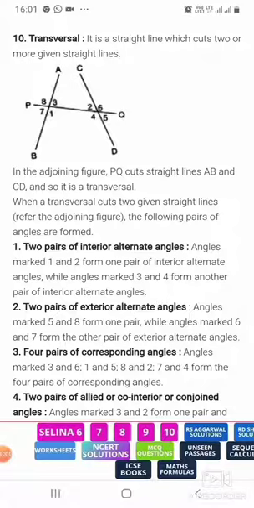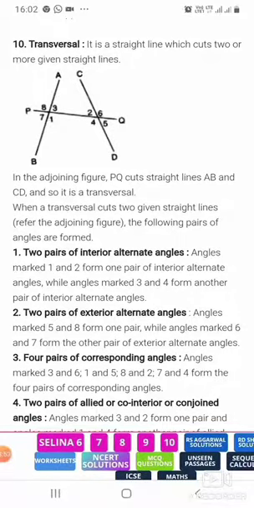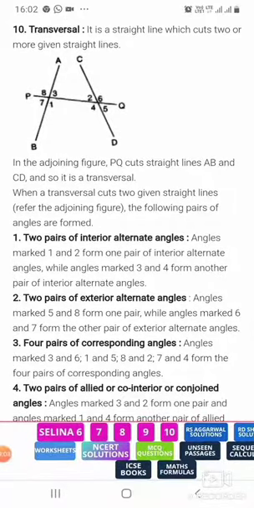Now, two pairs of interior alternate angles. You take angles marked 1 and 2 as one pair. Angle 1 and angle 2 are interior alternate angles. Since PQ is the transversal, if you take these 1, 3, 2, 4 here, 1 and 2 are called interior alternate angles.